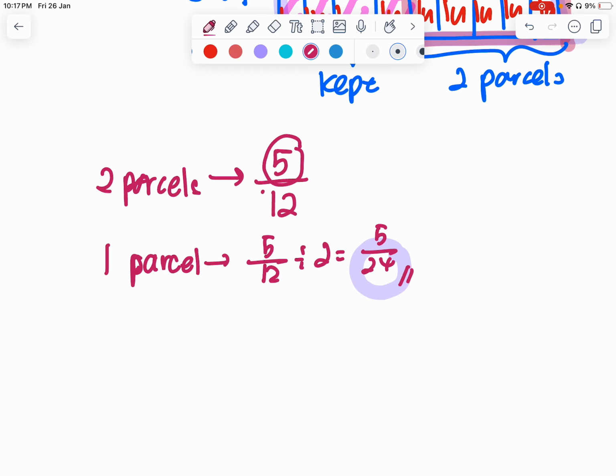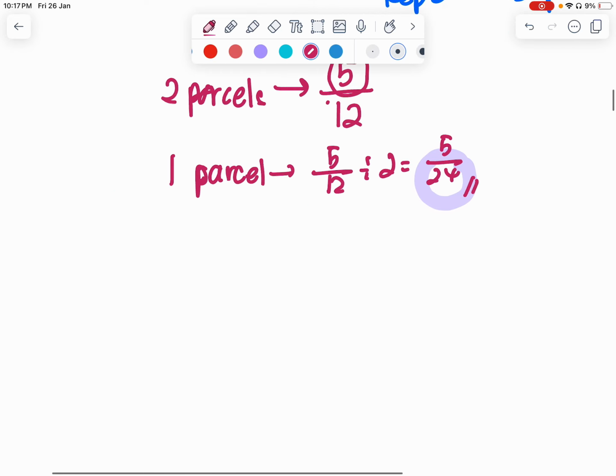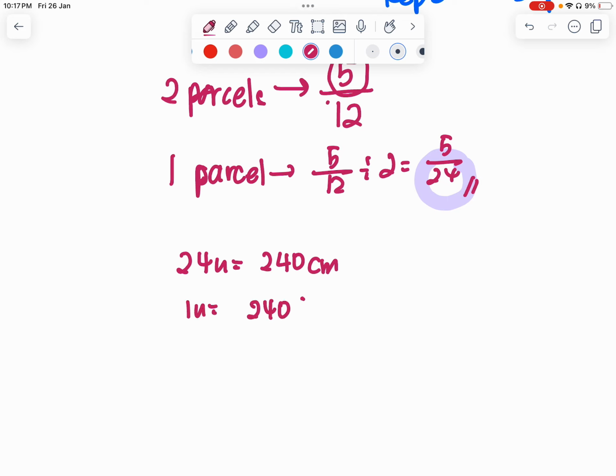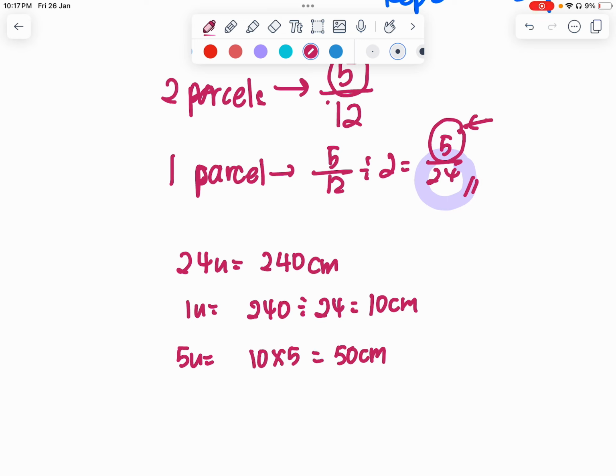So 24 units is equivalent to 240 cm. 1 unit will be 240 divided by 24, which is 10 cm. And 1 parcel is 5 units, so 5 units is 10 times 5, 50 cm. That's your answer.